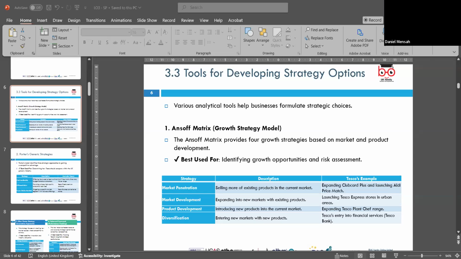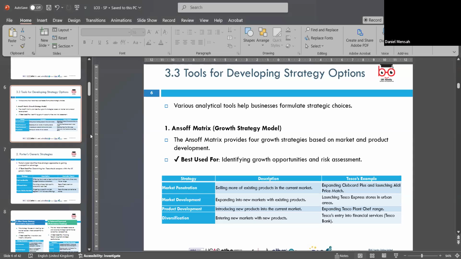So the product is new, the market is new, so that's why it involves high risk but potential for significant growth, because your product is new and your market segment is new, so there are very likely chances you are going to have a high profit margin. We can take the example of Virgin Group. Originally they were known for their music business, but they diversified into the airline industry.